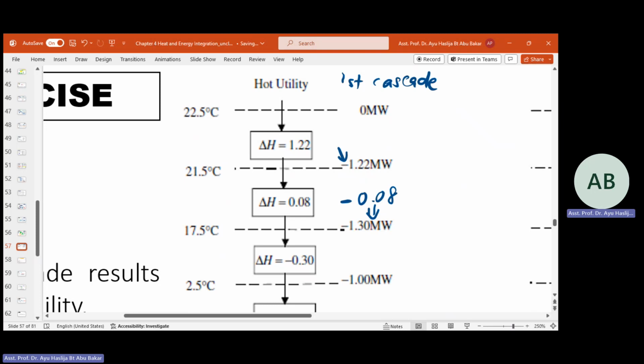Accumulate, it is accumulate. Okay, supply 0.08. So accumulate from the top over here, you get negative 1.3. Means up to this stream, you need to supply this amount of heat.